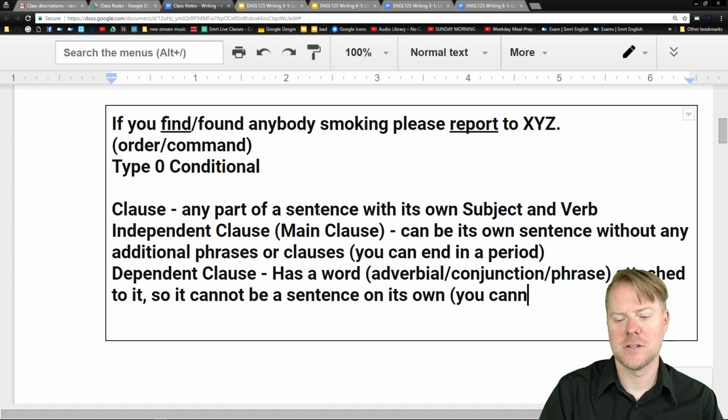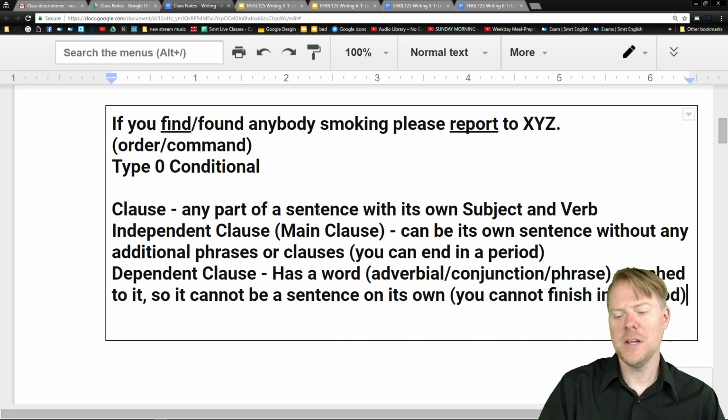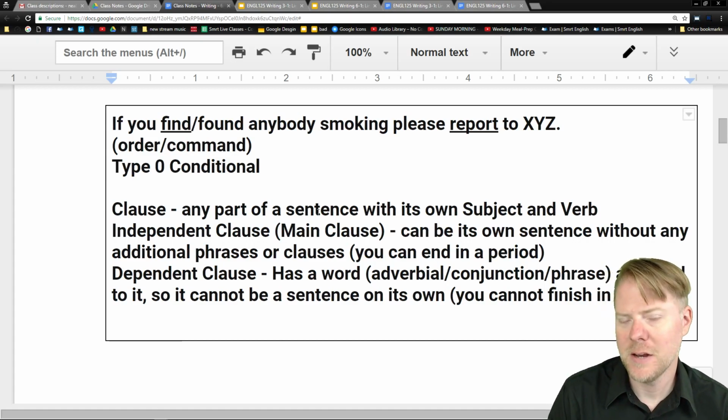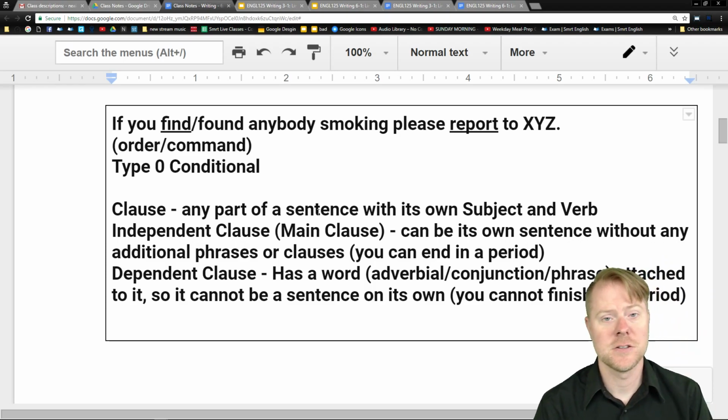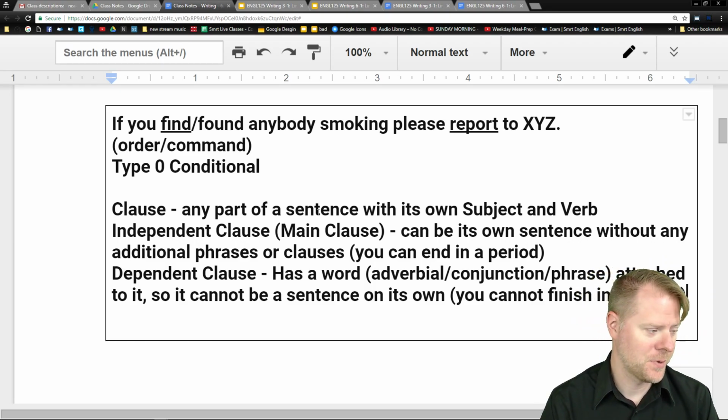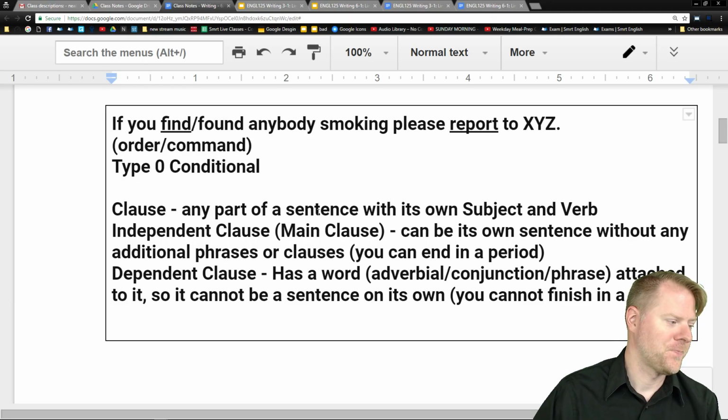You cannot finish with a period. If you have a dependent clause, you're going to need an independent clause attached to it before you can put a period.